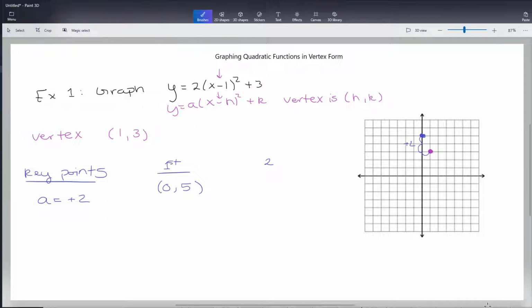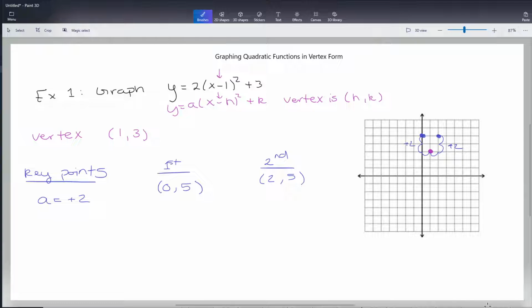Now for my second key point, I'm going to start at the vertex again, and I'm going to go right 1. Then I'm still going to go up by A, so 1, 2, that plus 2. So my second key point is the point 2, 5.